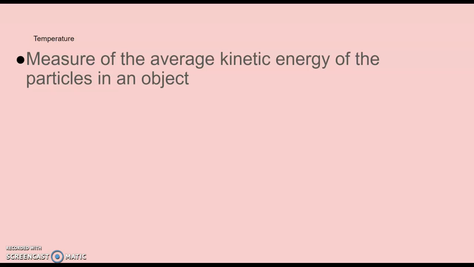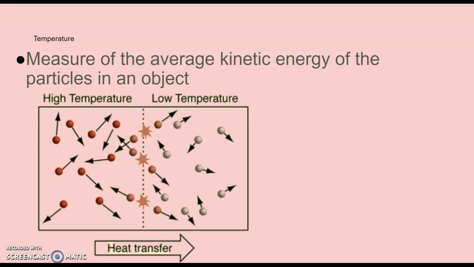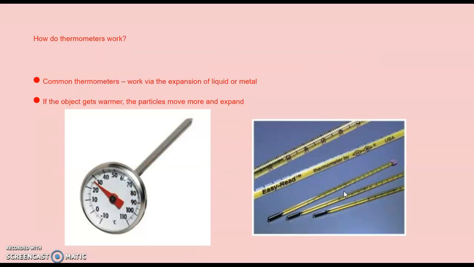They were moving really fast. Therefore, they had a higher temperature. So high temperature things are moving very quickly, where lower temperature things, not so much. And we're going to talk later about how heat is going to transfer from the higher temperatures to the lower temperatures.